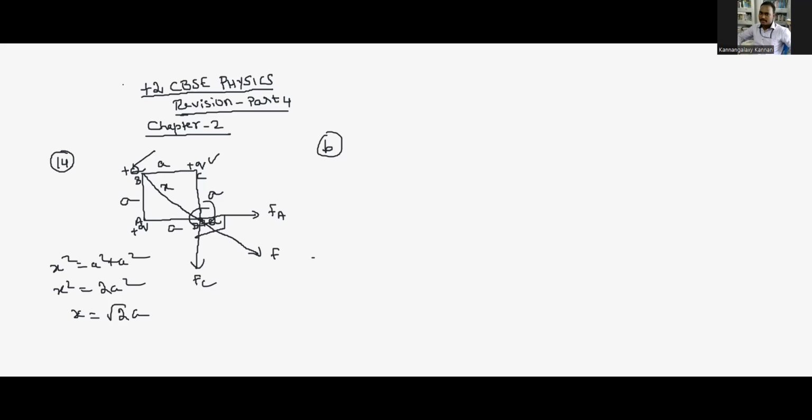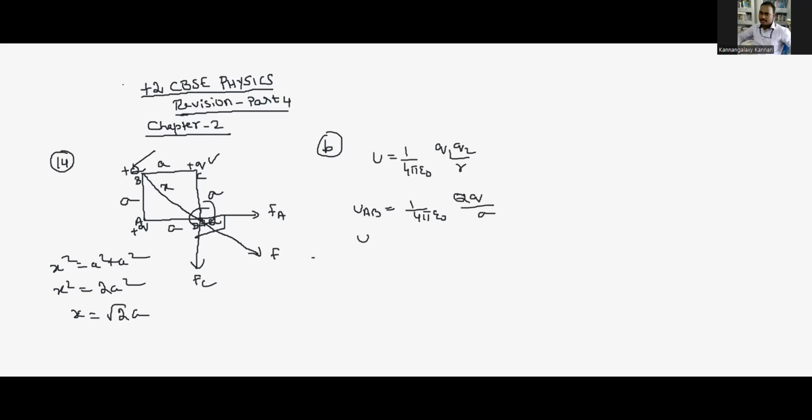The general formula for potential energy is U is equal to 1 by 4 pi epsilon naught Q1 Q2 by R. So first, U of AB is nothing but 1 by 4 pi epsilon naught capital Q small q by A.